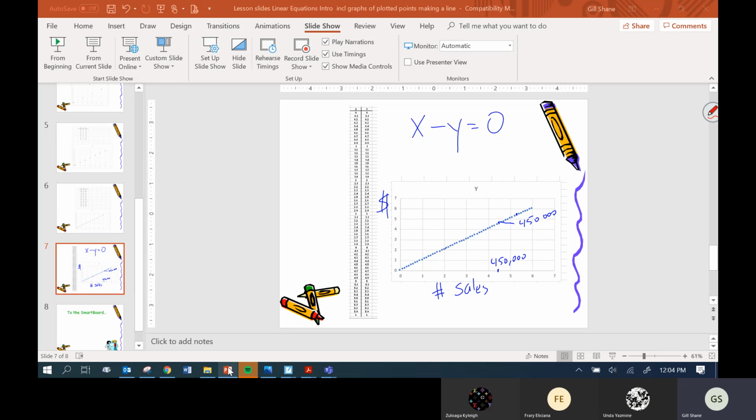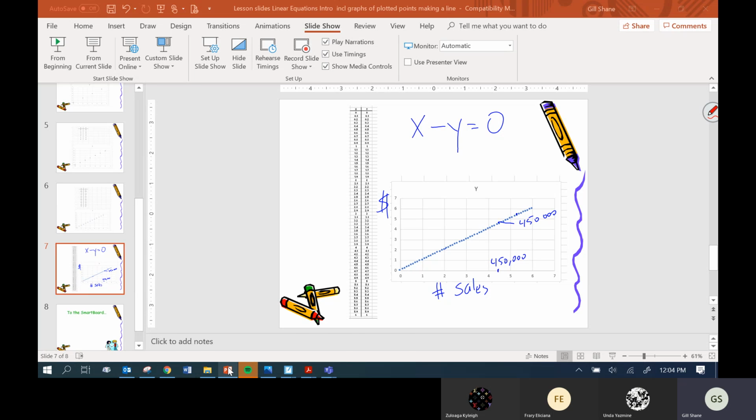Every time we change the value of x, the value of y has to change and be that same value. There's always a pattern to it if they form a line. So that's what we said a line was: an infinite number of points or coordinates that follow a pattern and that will eventually form a straight line.